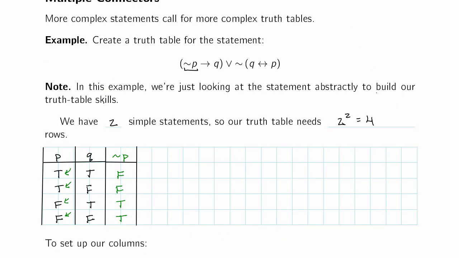In this example, we have this set of parentheses and this set of parentheses. They are not one inside the other. They're at kind of the same level. So we will make columns for both of those right now.